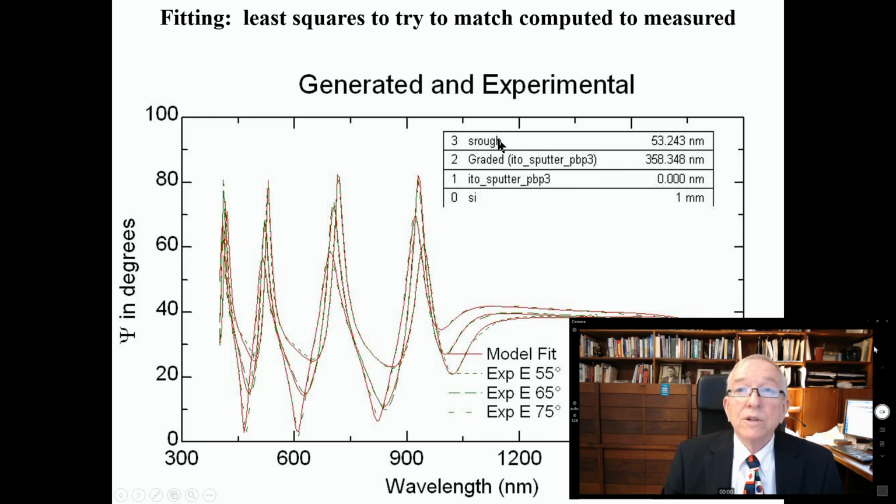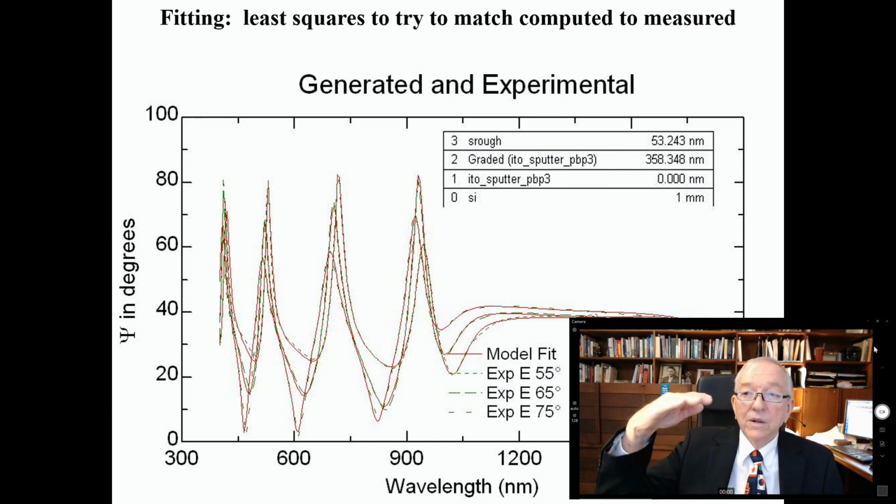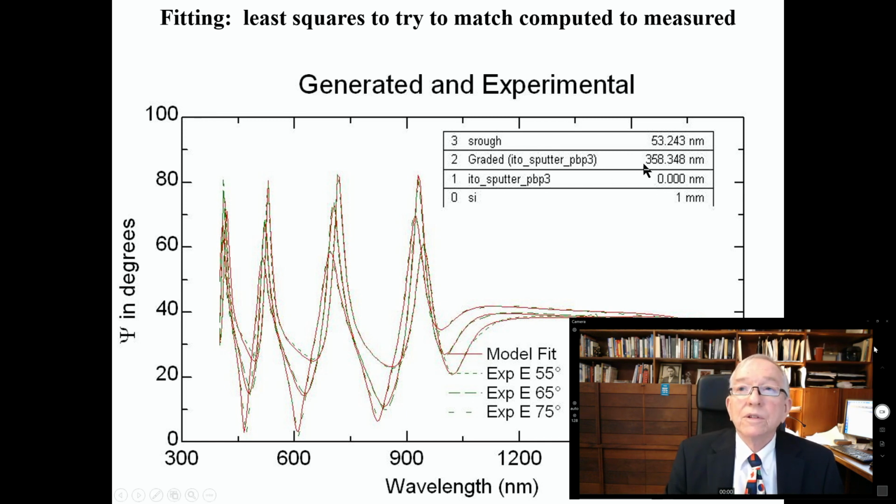And then the 2 layers that make up the reflecting film. One layer, the second one, is a graded film, meaning that the value of the index is varying little by little as we go up through it, with a thickness of 358 and change nanometers.